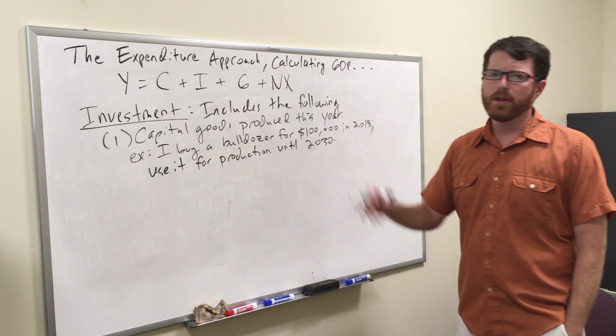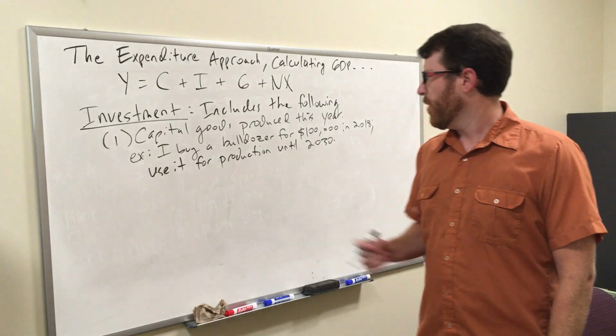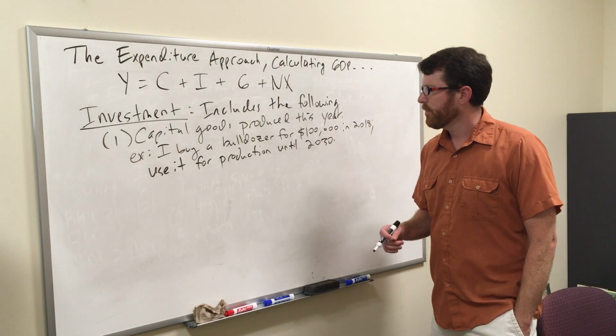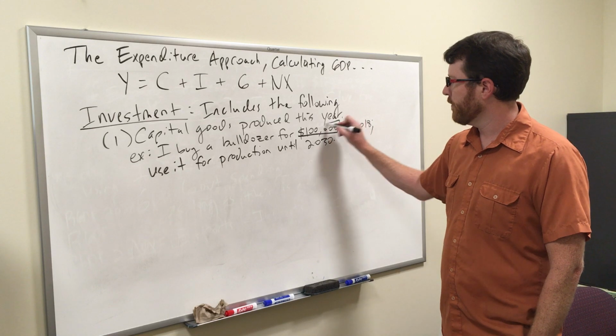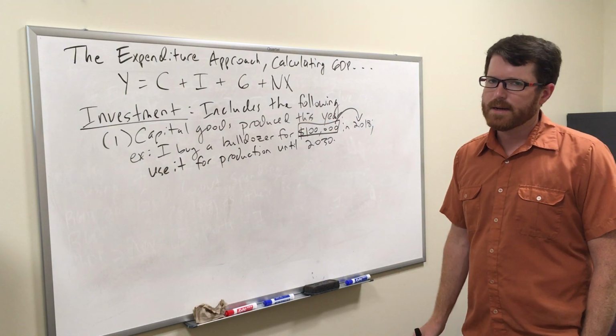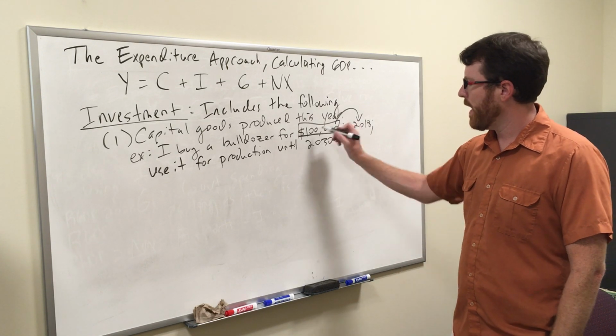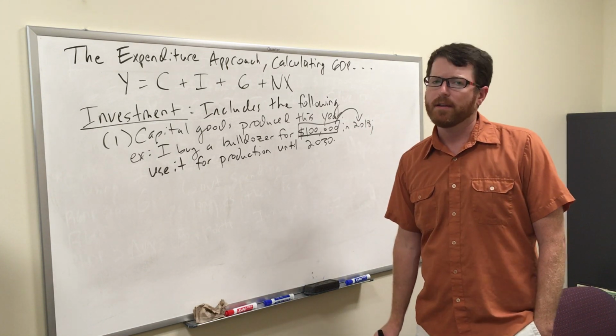So I've got like 12 or 13 years' worth of use out of this bulldozer. The interesting problem with this is there is $100,000 worth of production that happened in 2018. And even though it's an intermediate good, that needs to be counted in 2018.